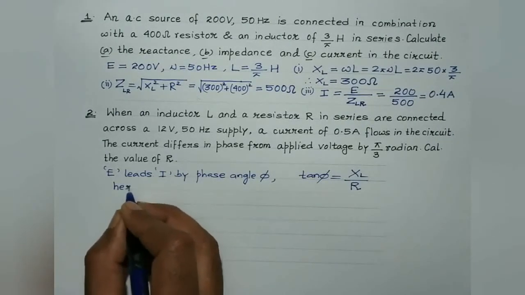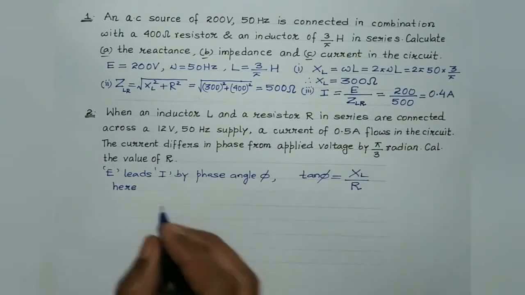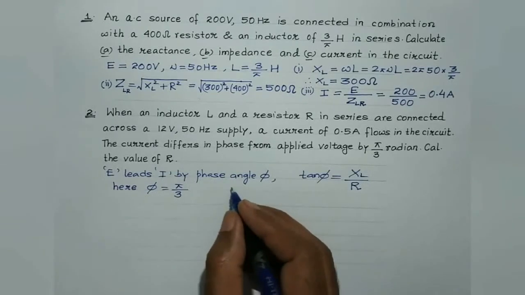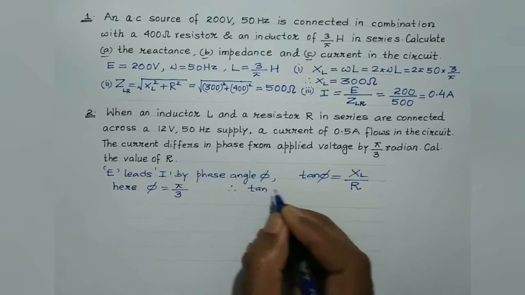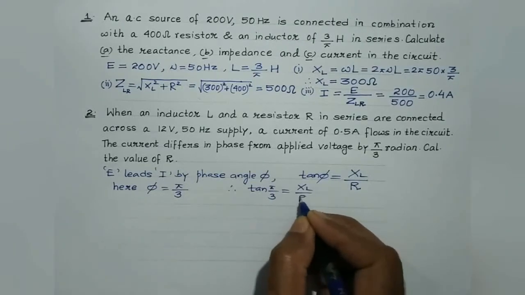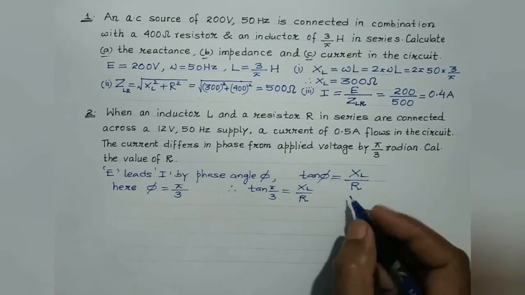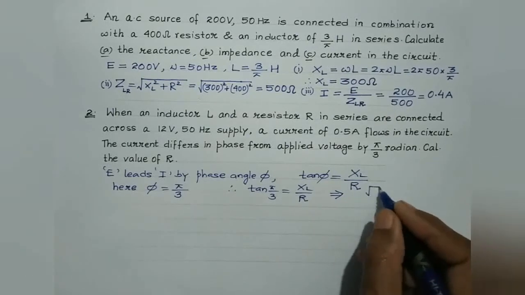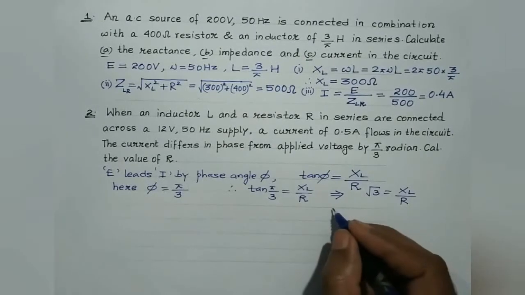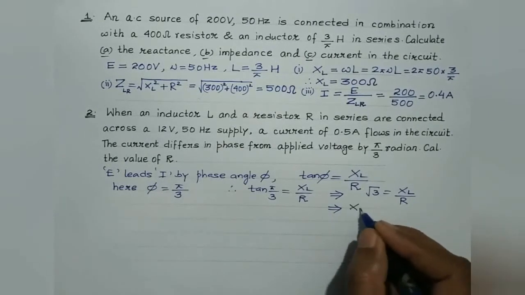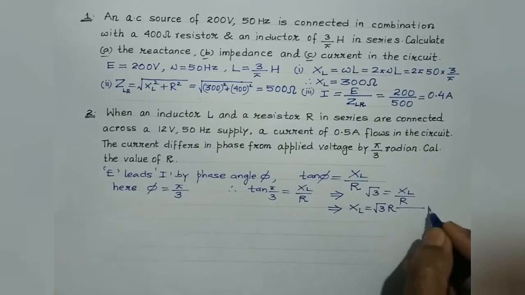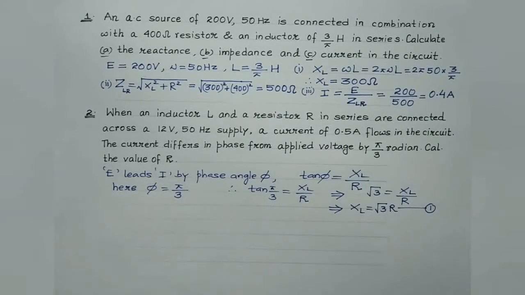Here the value of phi is given to be pi by 3 radian. So let's make use of this information. Therefore, tan pi by 3 is equal to XL by R. Tan 60 degrees is equal to root 3, isn't it? So root 3 is equal to XL by R, which further implies that XL is equal to root 3 R. Put this as equation number 1, right?